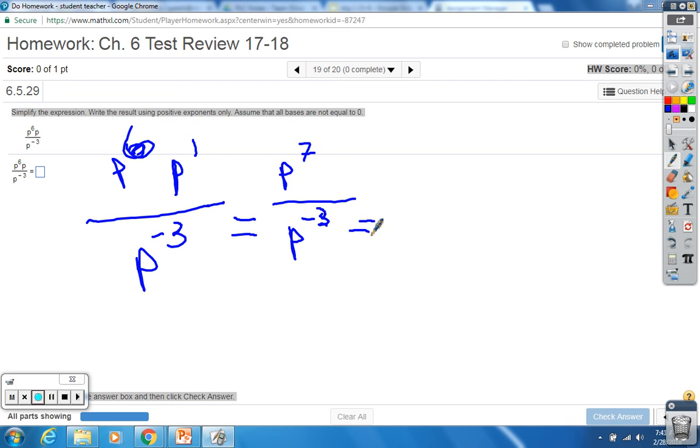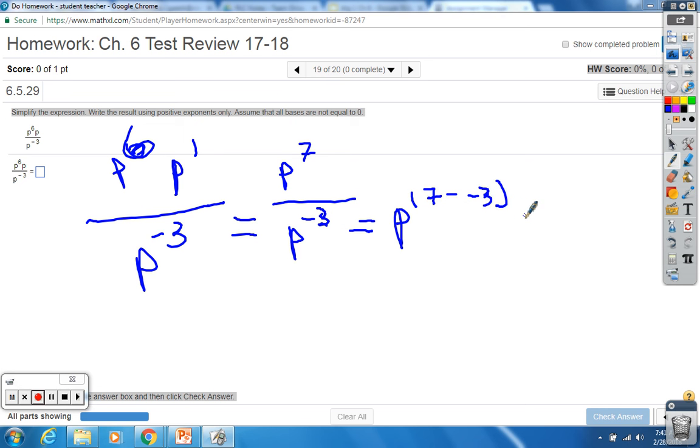Alright. And so we can't have any negative exponents in our final answer, so we'll have to fix that. The way we'd fix that is that since we have bases with exponents that we're dividing, we'll have to use the quotient rule. And in that rule we subtract exponents. So in this one we'll have p to the 7 minus negative 3.